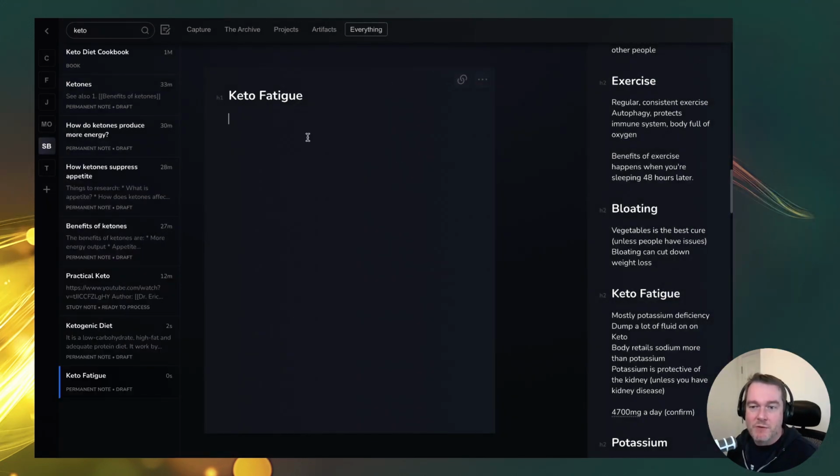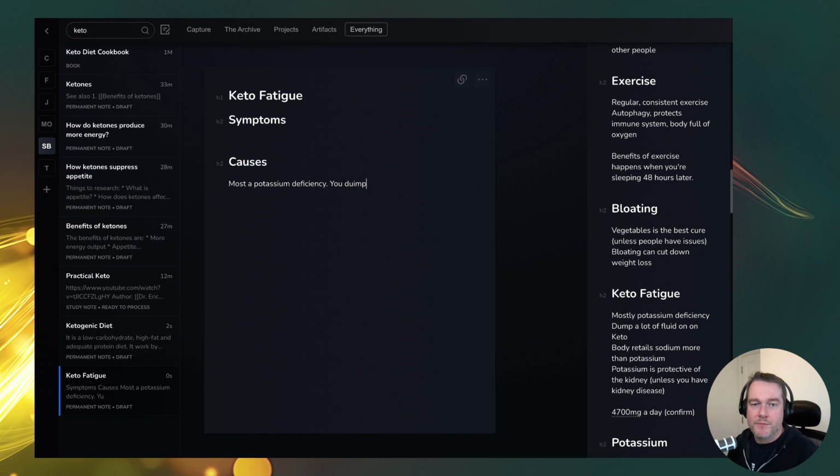Keto fatigue, right? Causes, symptoms, mostly a potassium deficiency.